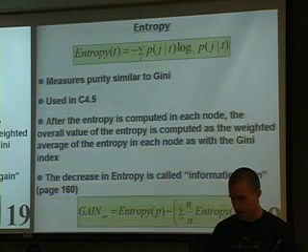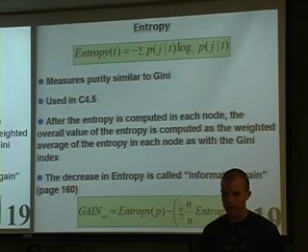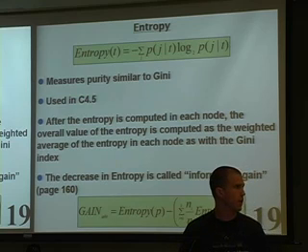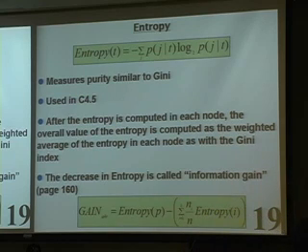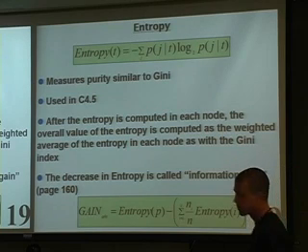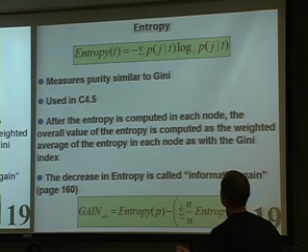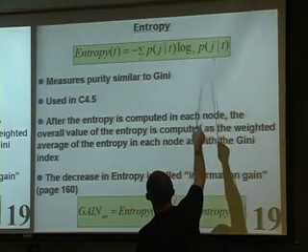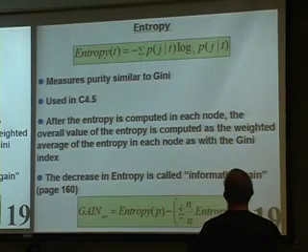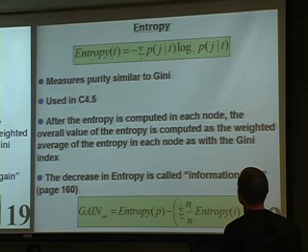Okay, so then the last thing we had to talk about is entropy. Entropy, similar to the Gini index, might suggest different splits, but just like the Gini index, it uses the information in the probabilities to help you grow the tree. So how do you compute entropy? Well, you take p times log p, negative, and you sum those up. Log base 2, just to be specific. There are theoretical reasons for why log base 2, and we can talk about those.